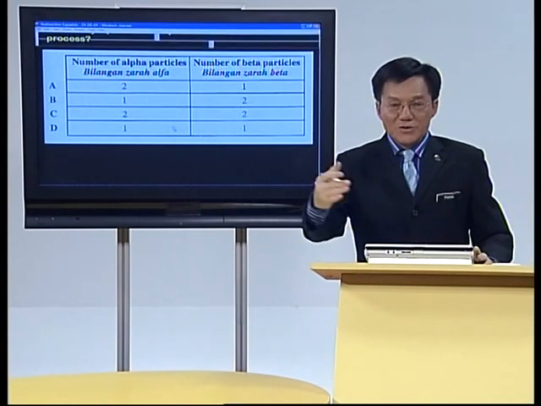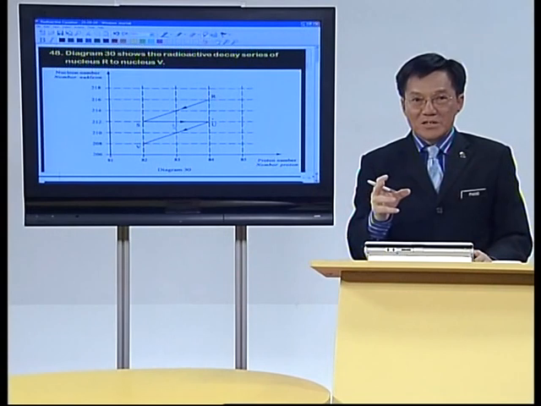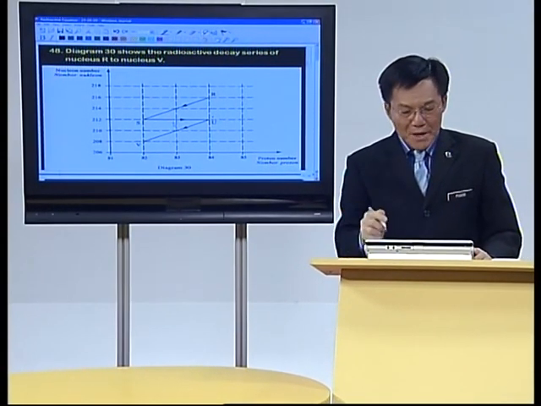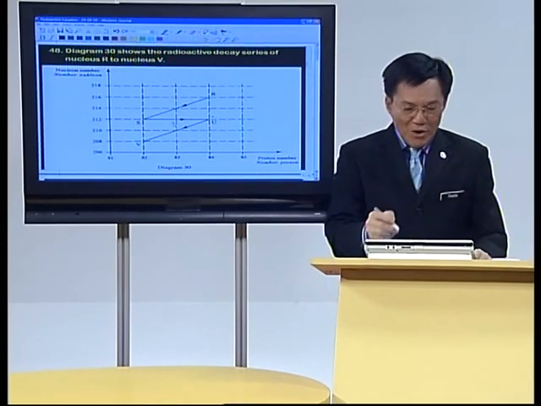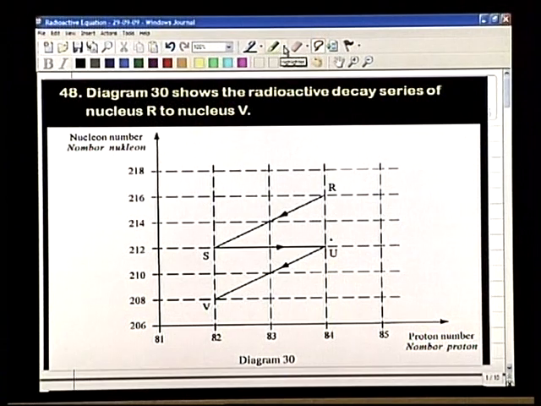Alright, let me guide you through the process. There are a few very important things that you must take note of. Number one, it says from nucleus R to V. So let me do the highlighting.